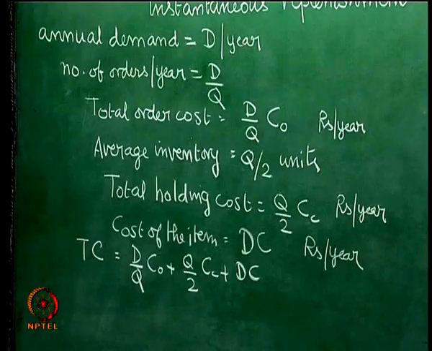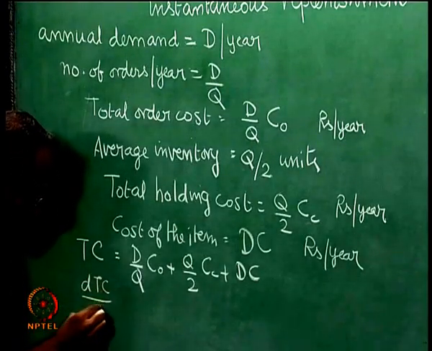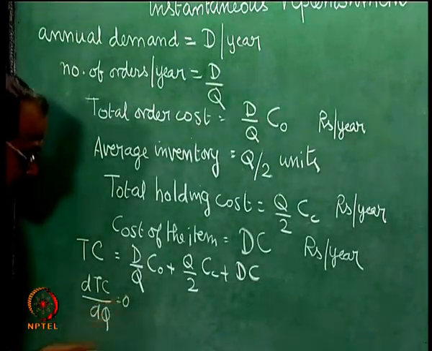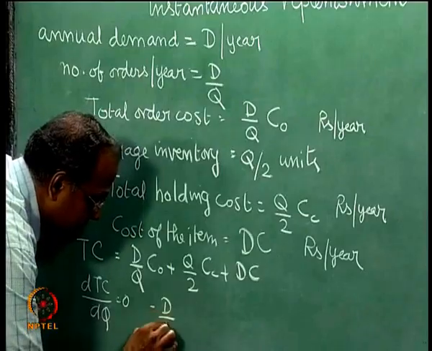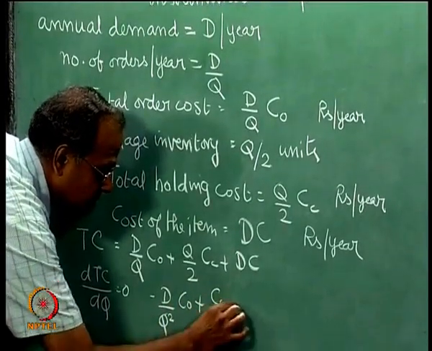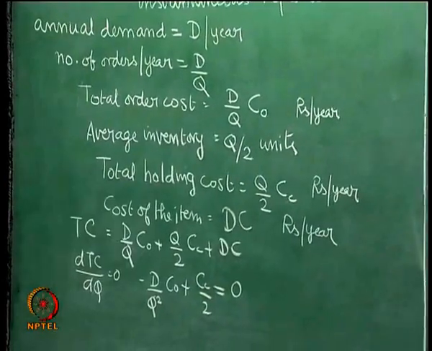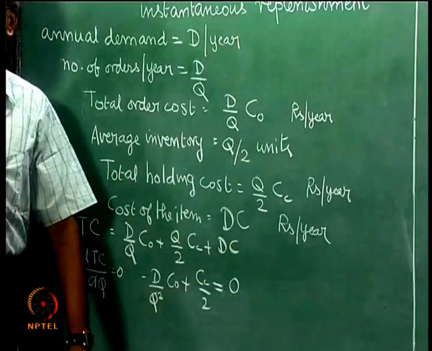So setting its first derivative to 0 gives us dTc by dq equal to 0, which gives minus d by q square C naught plus Cc by 2 equal to 0. The third term is d into c, which is a constant.